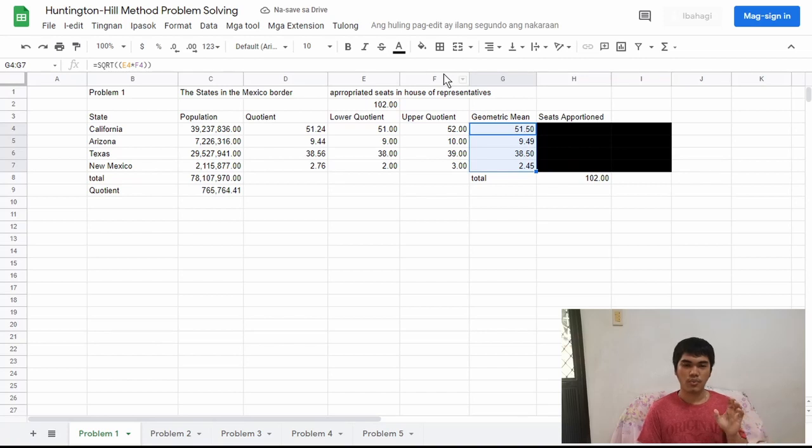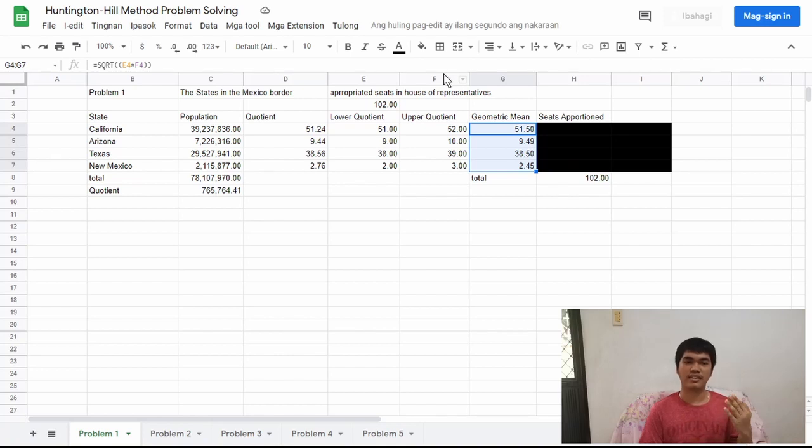So when you compare the quotient and geometric mean, you can see the patterns, just like I said earlier, that if the quotient is high and the geometric mean is low, you will round it up. You will use the upper quotient, then vice versa.